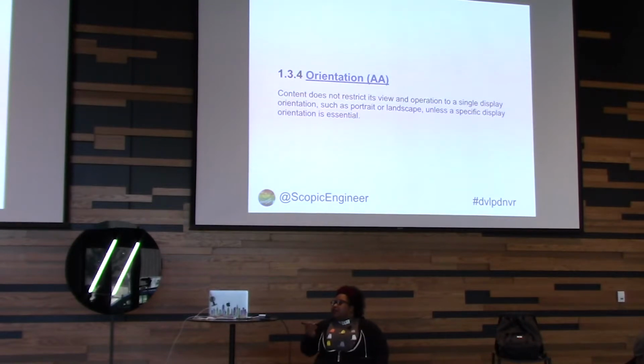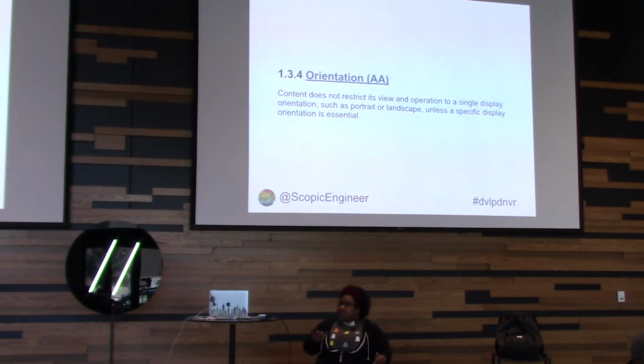This says content that does not restrict its view, and also in parentheses is the level of conformance that it is. So it says content that does not restrict its view and operation to a single display orientation, such as portrait or landscape, unless a specific display orientation is essential.